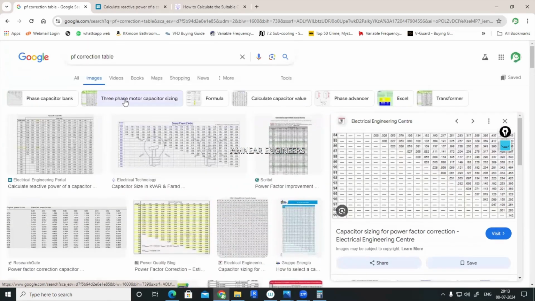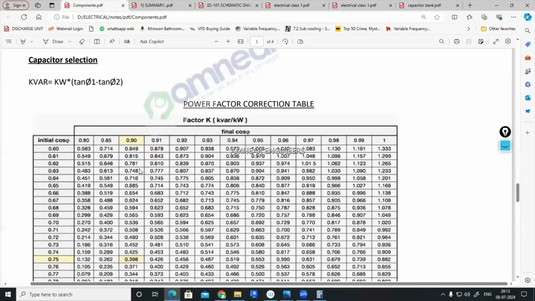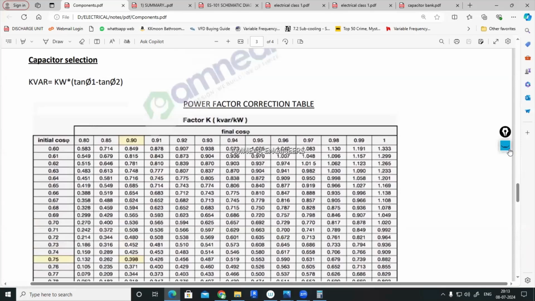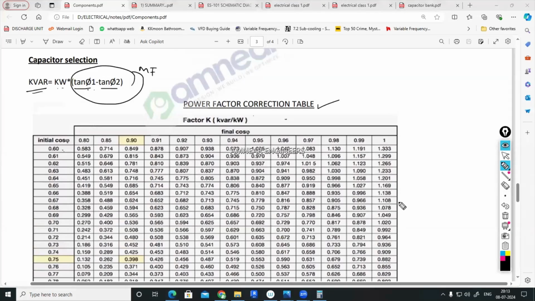Anyway, this table is enough. I have just attached that with the PDF. Like I have told you, I'm having an initial power factor 1 of 0.6 and a final power factor of 0.95.